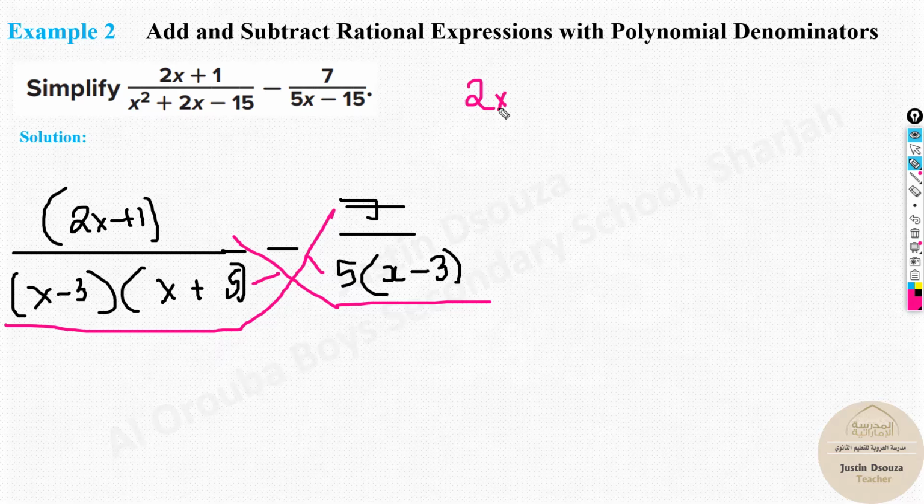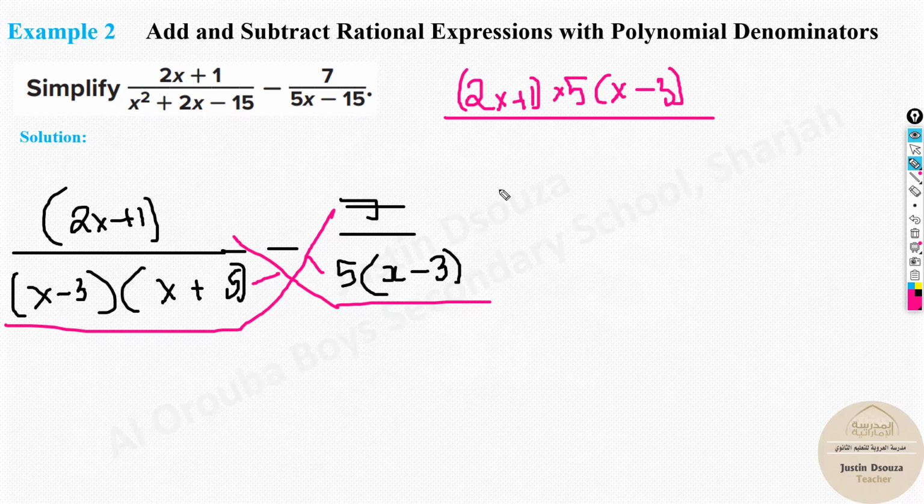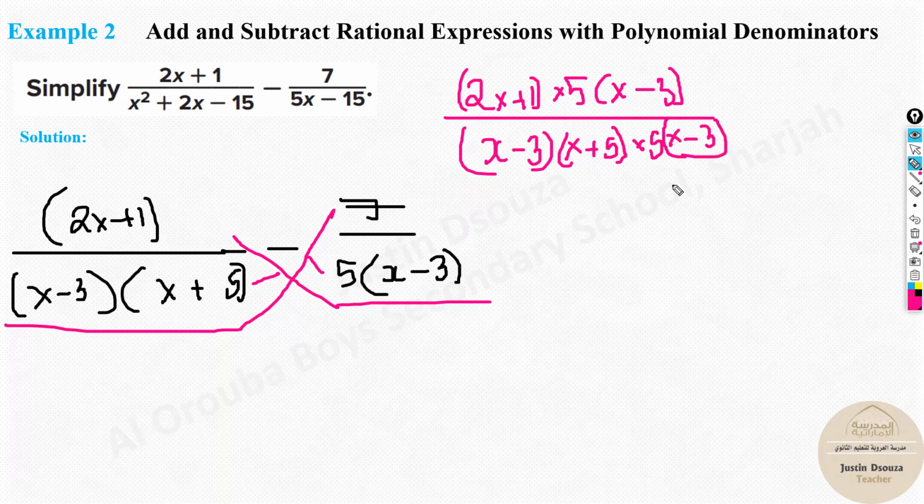It's 2x plus 1, that will be multiplied with 5 times x minus 3, divided by these two terms, the denominator, x plus 5. Now don't forget, you have to multiply the denominator even over here, 5 of x minus 3. Okay, that's one side.